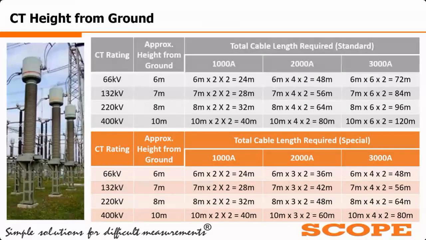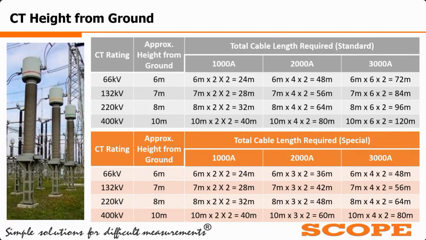And for 400 kV, for 1000 ampere, we require 10 meter cable from the ground into 2 runs into 2 cables, that is 40 meter. And for 3000 ampere, 10 meter length into 4 cables, with 2 runs, that is 80 meter cable we require.